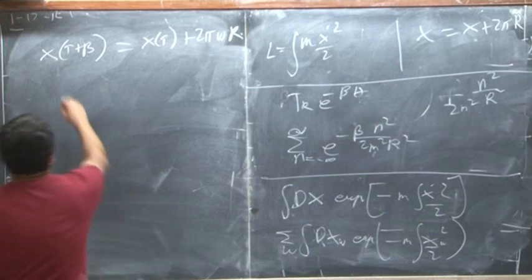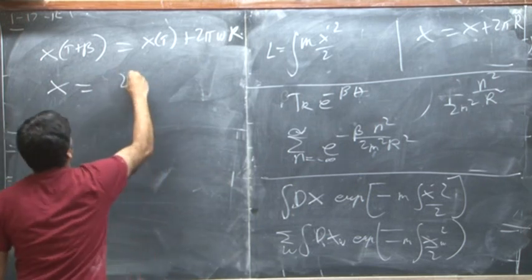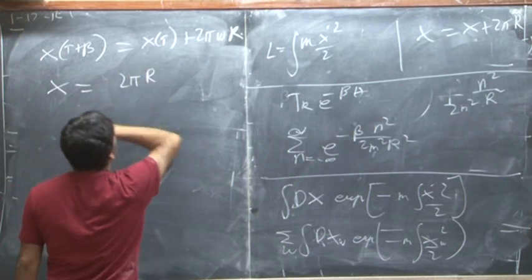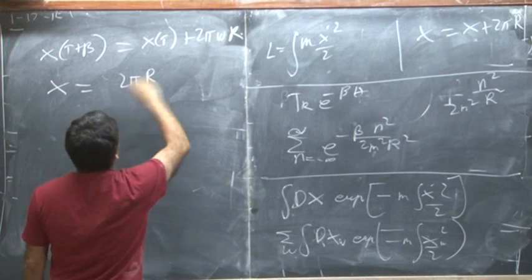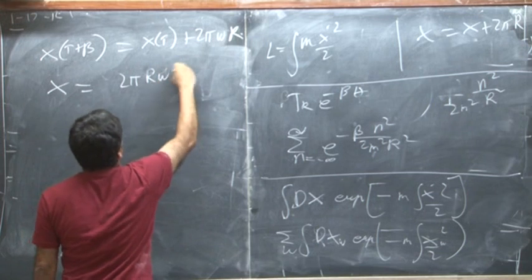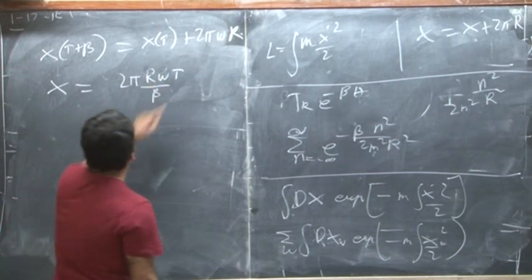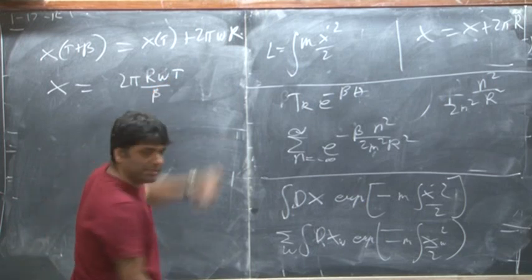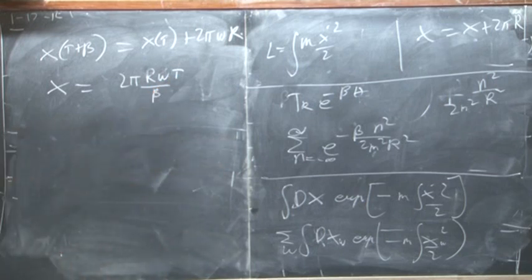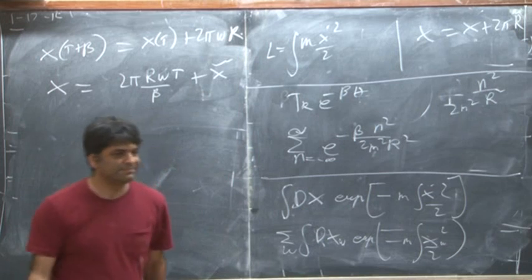Okay? Once again, what I do is to say x is equal to 2 pi r w tau by beta, is that right? So tau goes to tau plus beta, that looks good. Plus some x tilde.